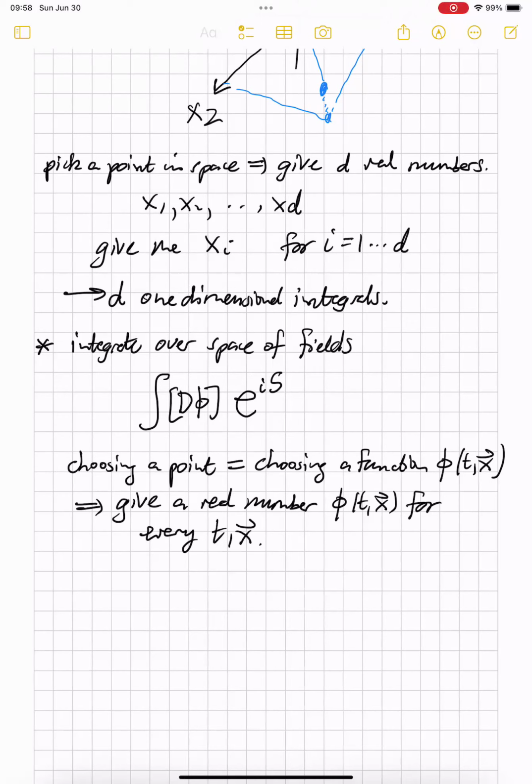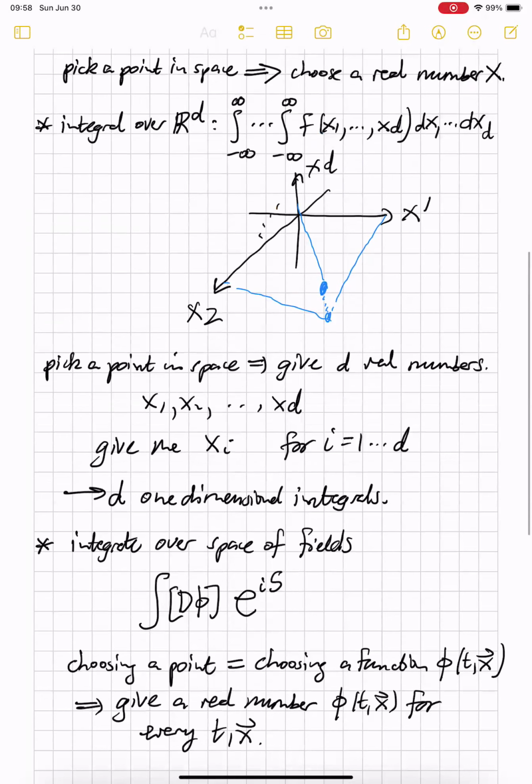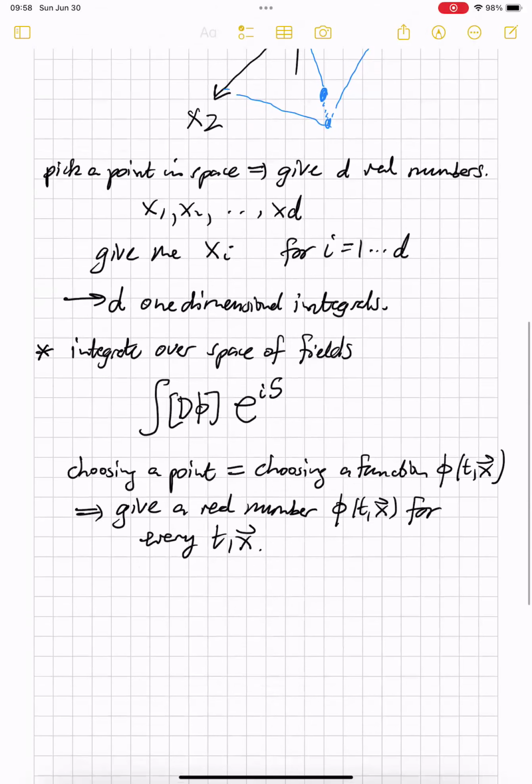Each point inside the space is a function, and that means, in exactly the same way as in the d-dimensional case where each point is a set of d real numbers, each point inside this space of all fields is actually an infinite number of real numbers, because you're picking a real number for each t and x.